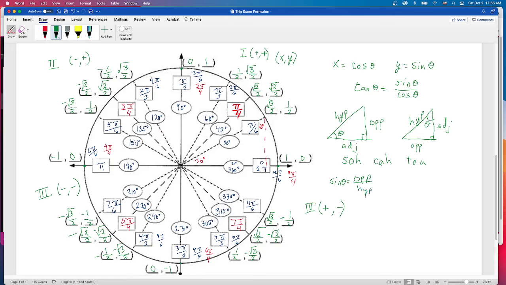The CAH is your cosine of theta, which is the adjacent over your hypotenuse. And finally the TOA, the tangent of theta gives us opposite over adjacent.